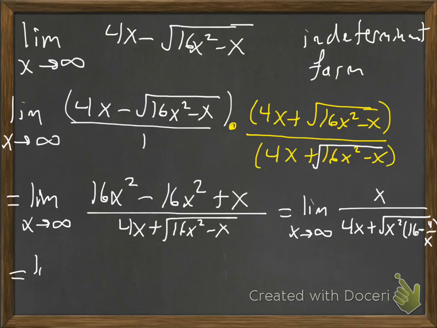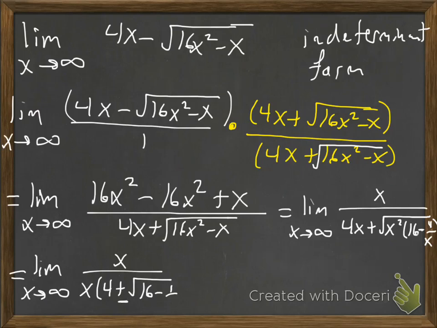And then again, we're going to infinity, so we can assume that the x is positive. So we factor out an x, so we got 4 plus. There would have been an x right here, but we factored it out. And then 16 minus 1 over, and that's not an x squared, it's just an x. I was just testing you guys.